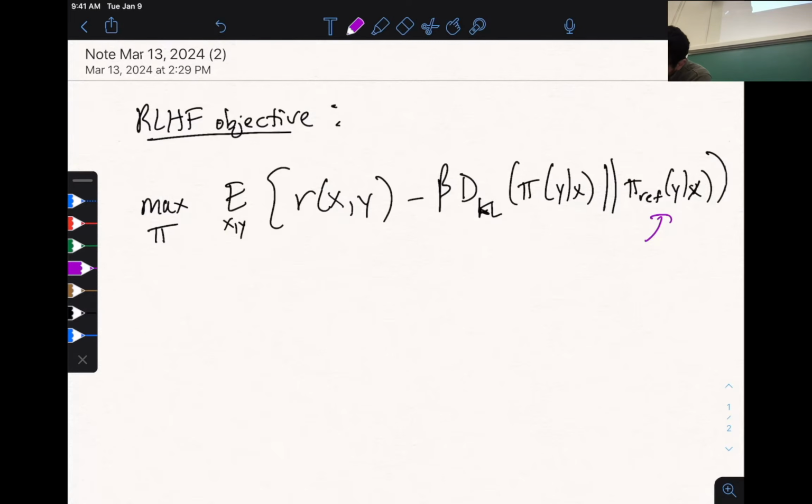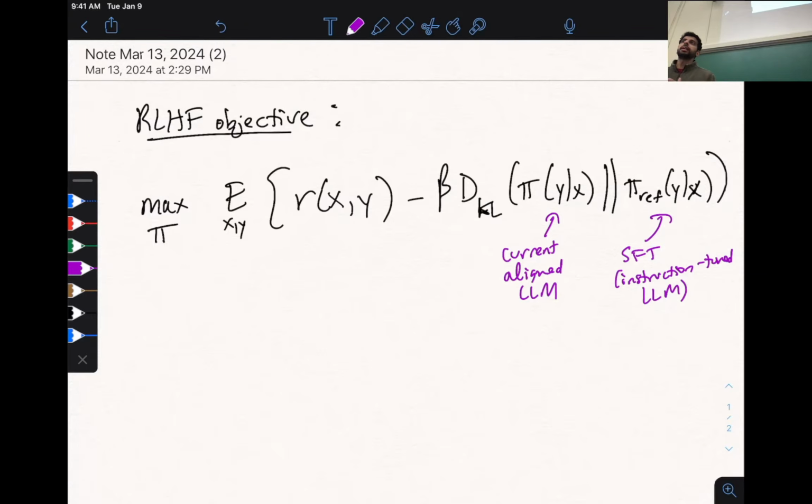So this is our SFT instruction tuned model, and this is our current aligned model. So we're updating this pi model, trying to maximize the expected reward, but penalizing any huge deviation from the SFT model.